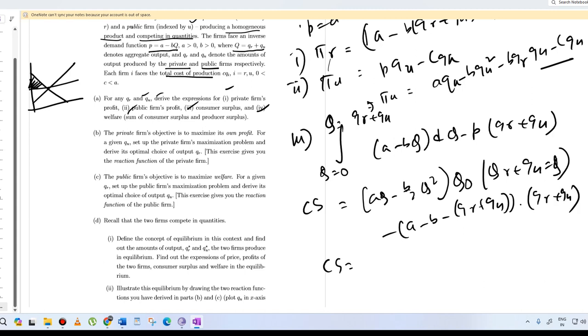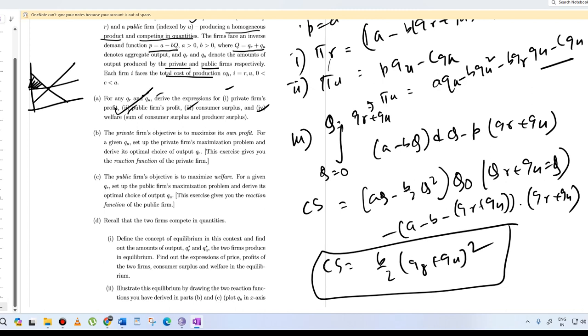So finally, after a little bit of calculation, you will get it as B by 2 times (QR plus QU) square.